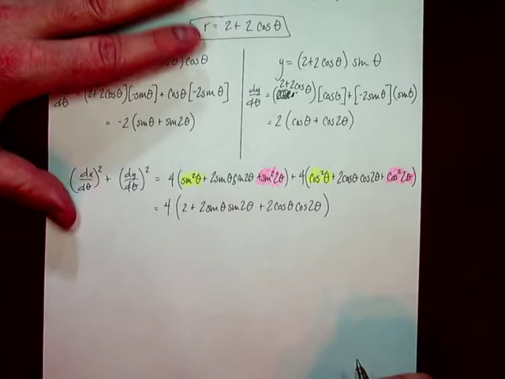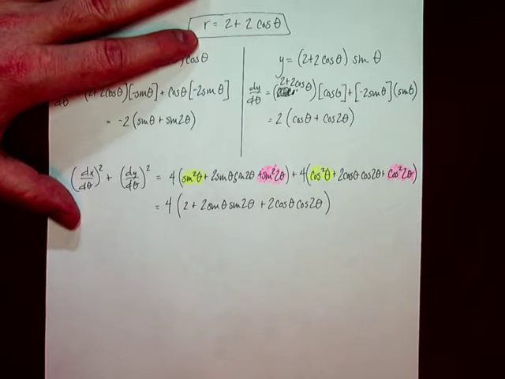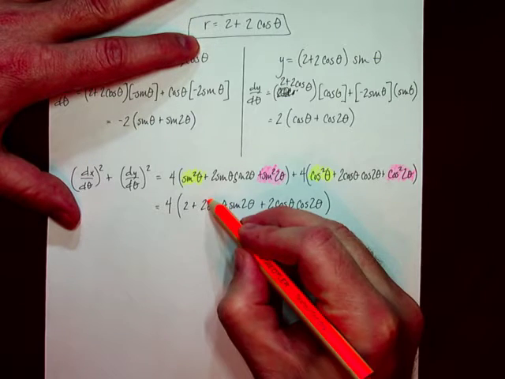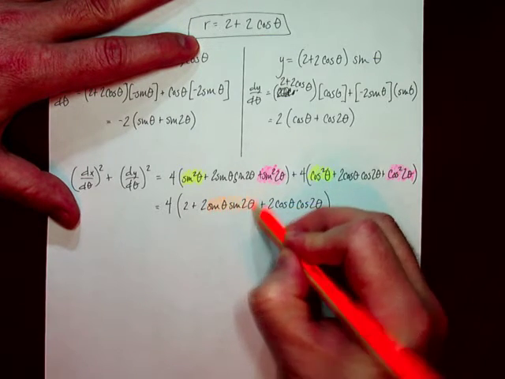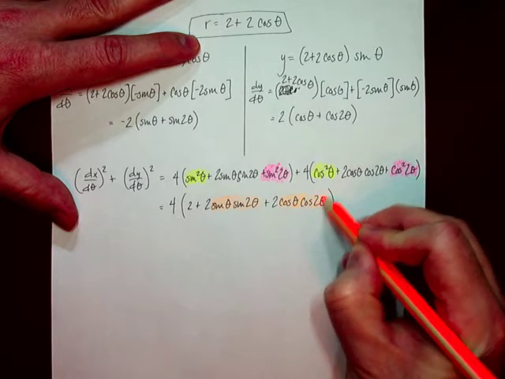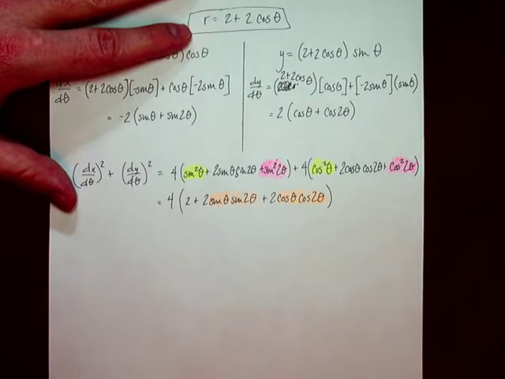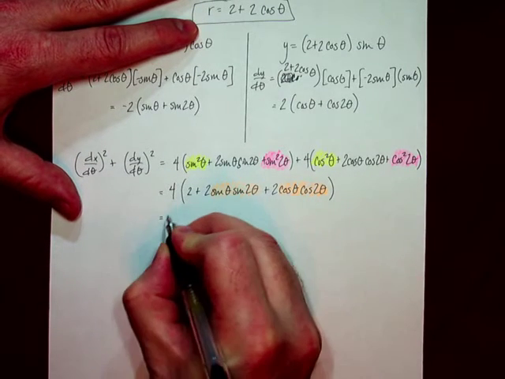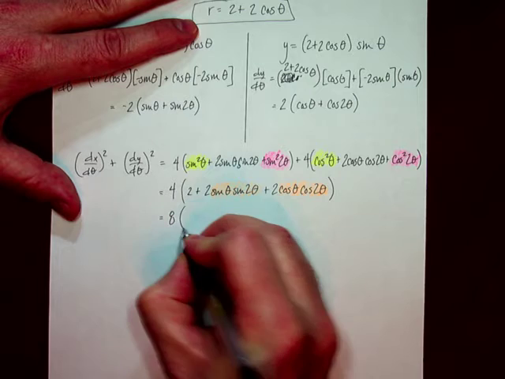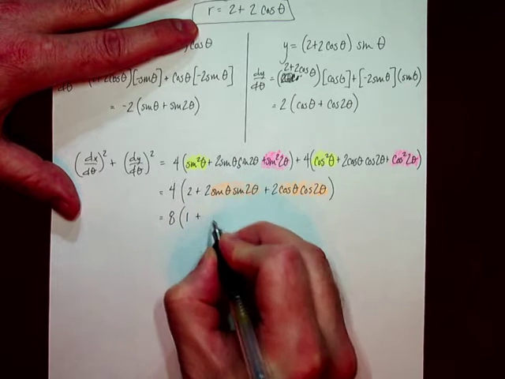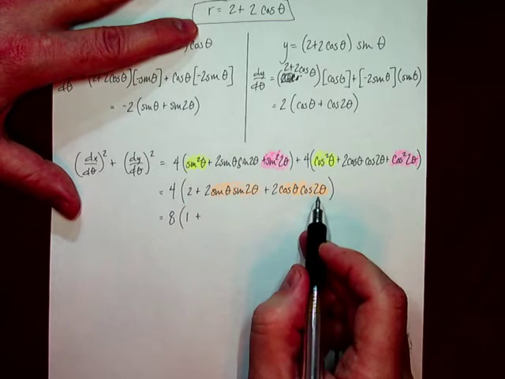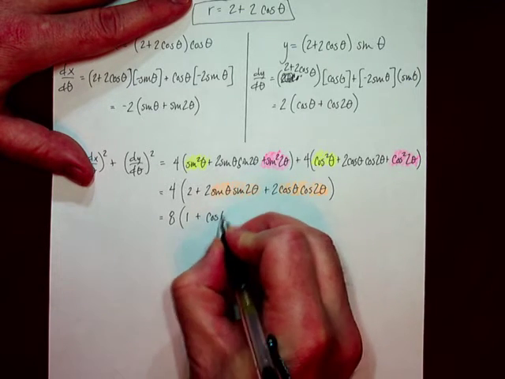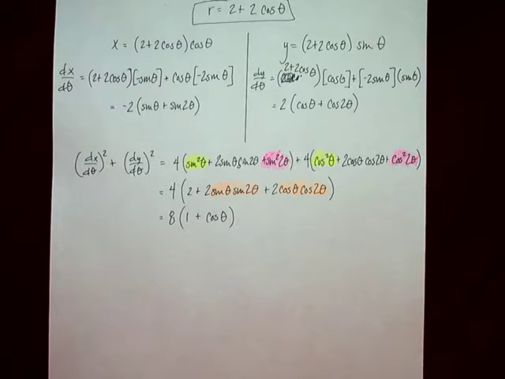Now you can factor out another 2, but notice again something that you have here, okay? I'm going to use a different color. This and this kind of look like the difference identity for cosine. So let's go ahead and factor out that extra 2, and I get 1 plus, and this is going to be cosine of 2 theta minus theta, or just cosine of theta.